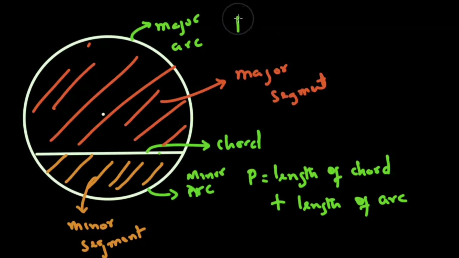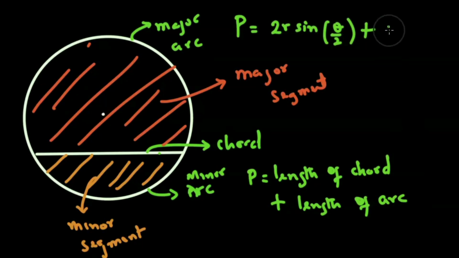Length of chord, as we have done earlier, is 2r sine theta over 2, plus length of arc, which is theta over 360 according to the previous video times 2 pi r. So this is the formula to use when you are asked to calculate the perimeter of a segment.